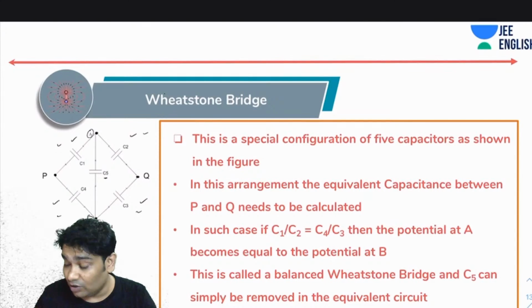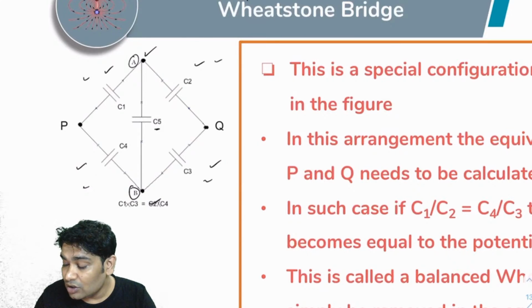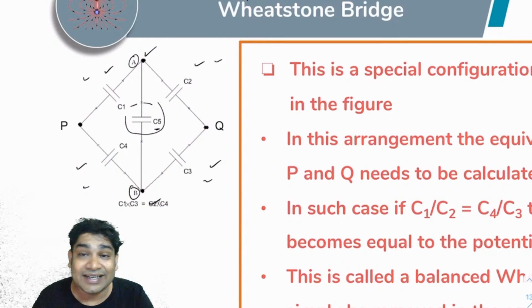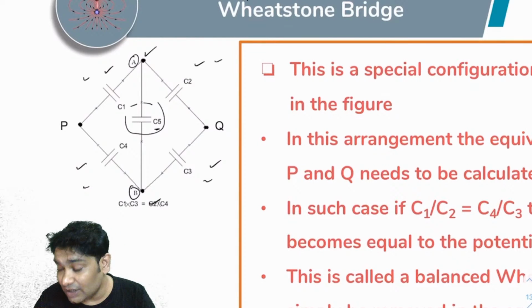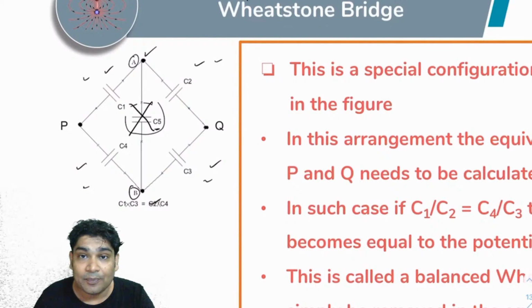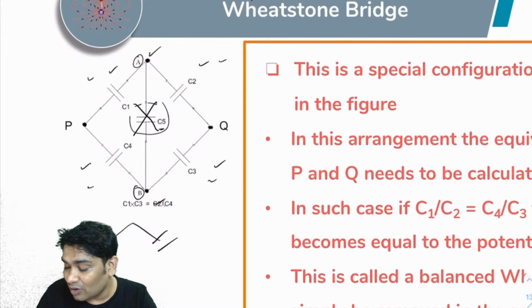Now what we can notice is that since the potentials of A and B have become equal, what is the potential difference across this? It is zero, which means this capacitor is not storing any charge. So in this configuration, I can take it out, and the simplified circuit is simply this. This is very simple to solve now.